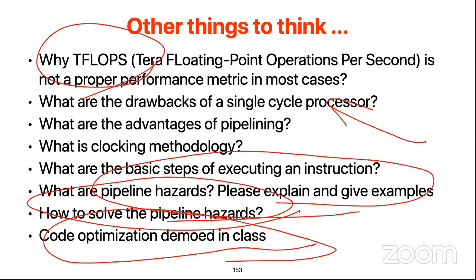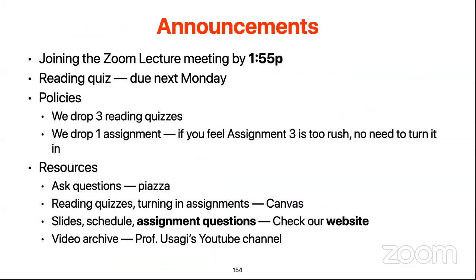Okay, if there's nothing else, before you leave the classroom, there are a few things I want to let you know. First of all, join the Zoom meeting by 5 minutes before it starts. And there's a reading quiz due next Monday. A lot of you are saying assignment 3 is too rushed, and I think some of the Piazza posts are unfair, because I posted the assignment questions very early on the website.